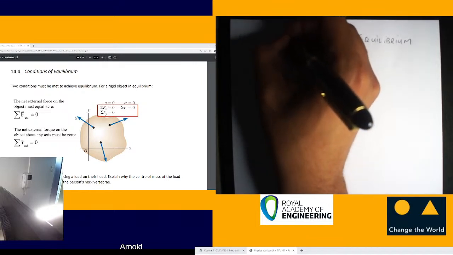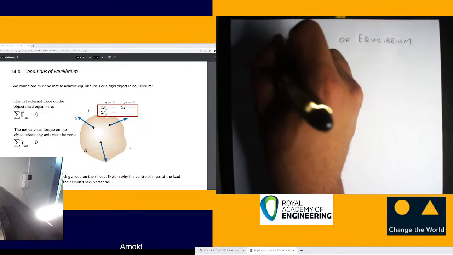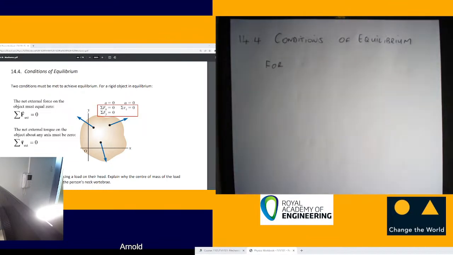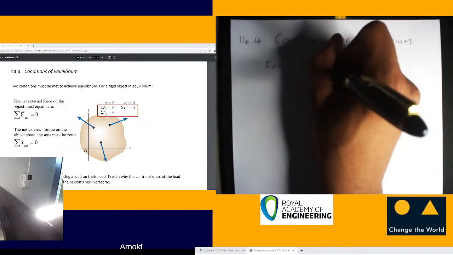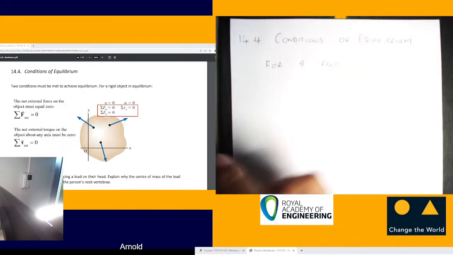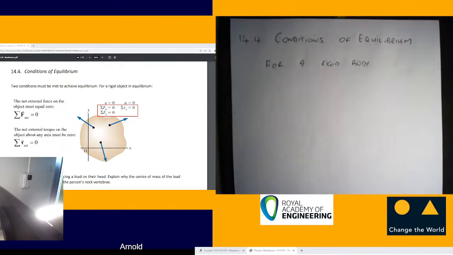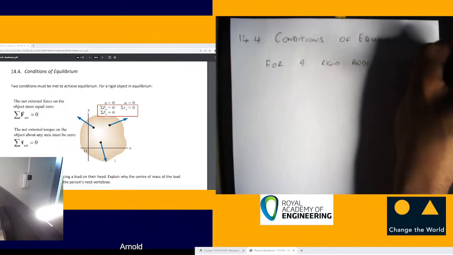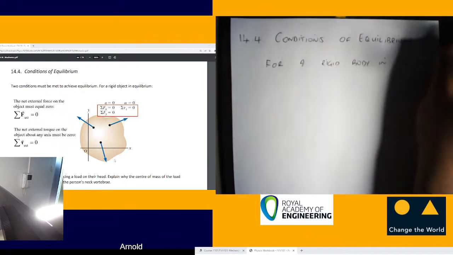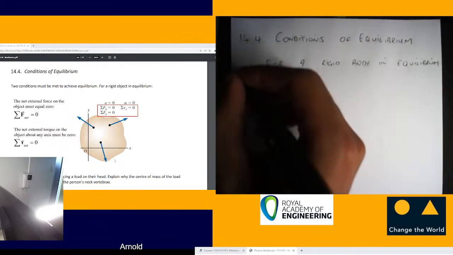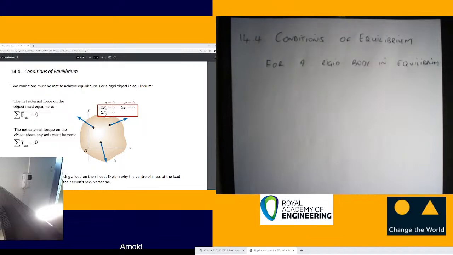But anyway, for a rigid body, meaning it's not bending, not rubbery, in equilibrium, the following two conditions must hold.